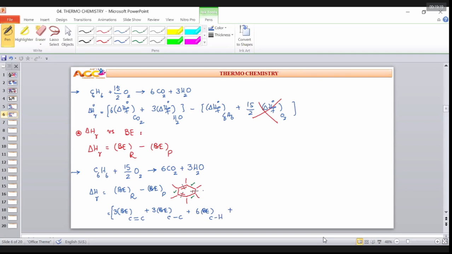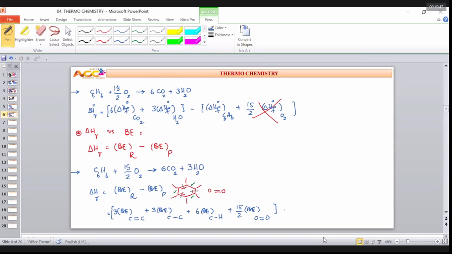Now oxygen. What is oxygen? Sir, oxygen is this one. Therefore, bond energy of oxygen. How many bonds? Double bond. And 15 by 2 times, because bond energy is per mole. The amount of energy required to break all the bonds in a mole of substance.